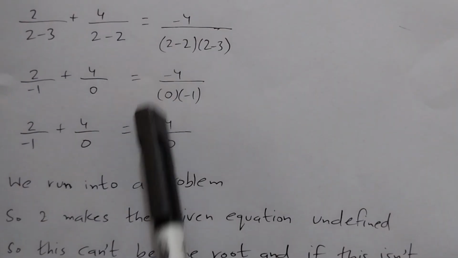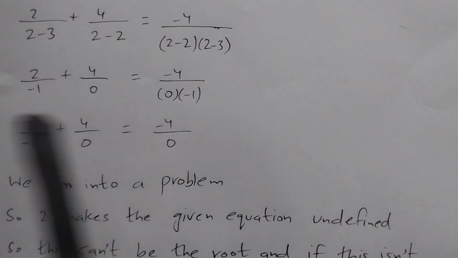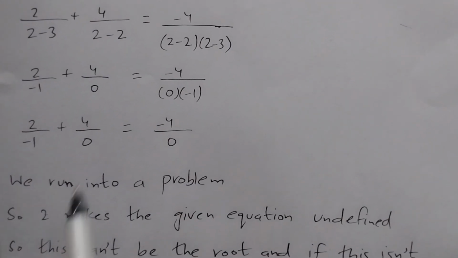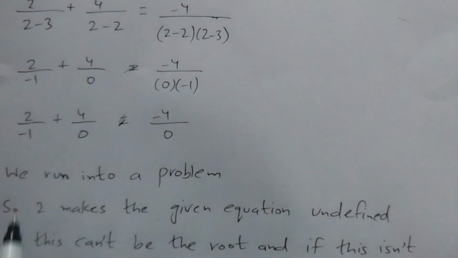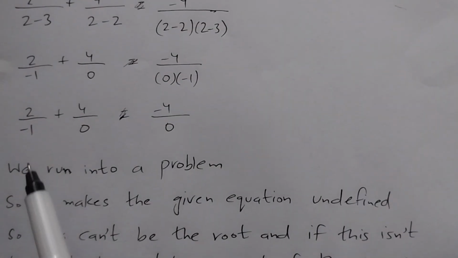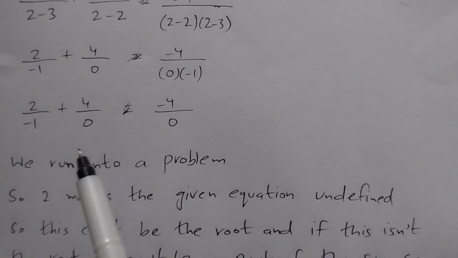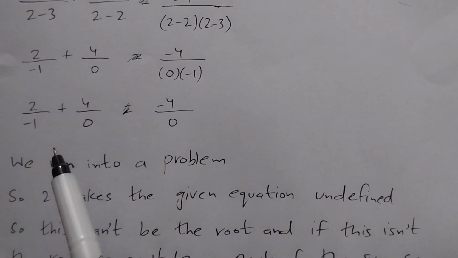Again, this equal to sign shouldn't have been put by me in here when we are checking, because this is not equal, and so I shouldn't have done this. So it basically is just telling us that the equation becomes undefined. So this 2 is not the root of our given equation.